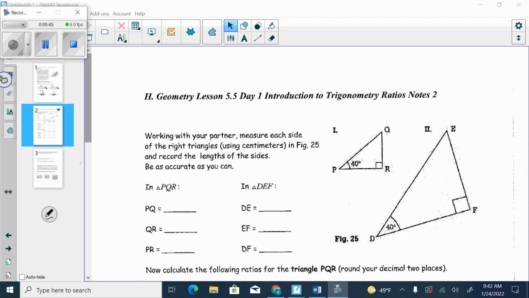Make sure you are measuring in centimeters. We want to be as accurate as possible. Remember each line is like a decimal point because there are 10 lines, so 2.3, 1.9, stuff like that. I'll give you a minute to do that.